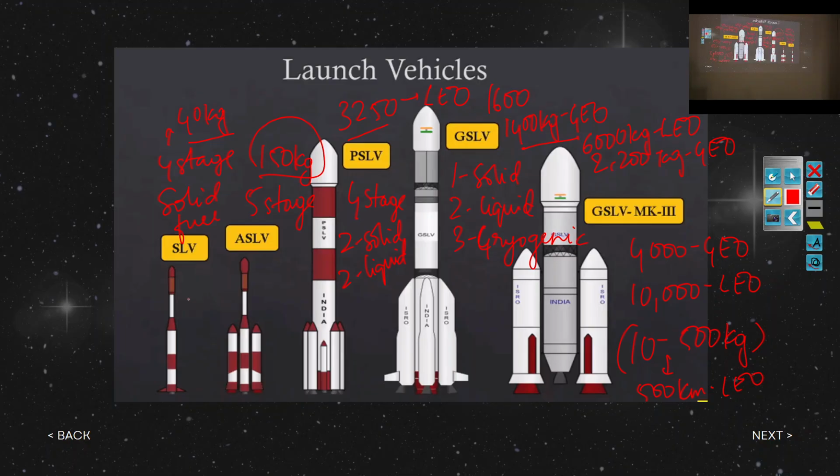It will have a reusable first stage which can be utilized 15 to 20 times.